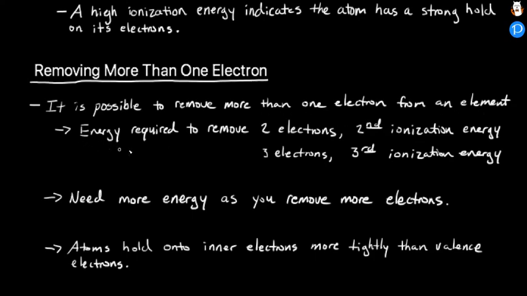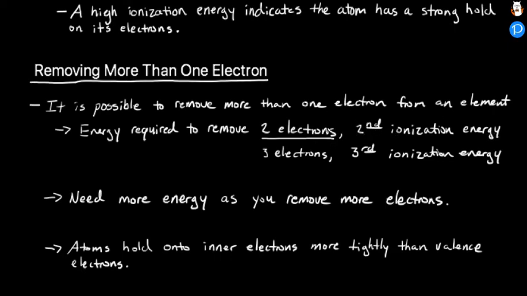So let's say I remove 1 electron. That's the first ionization energy, how much energy I need there. But if I wanted to remove another electron, that would be referred to as the second ionization energy.